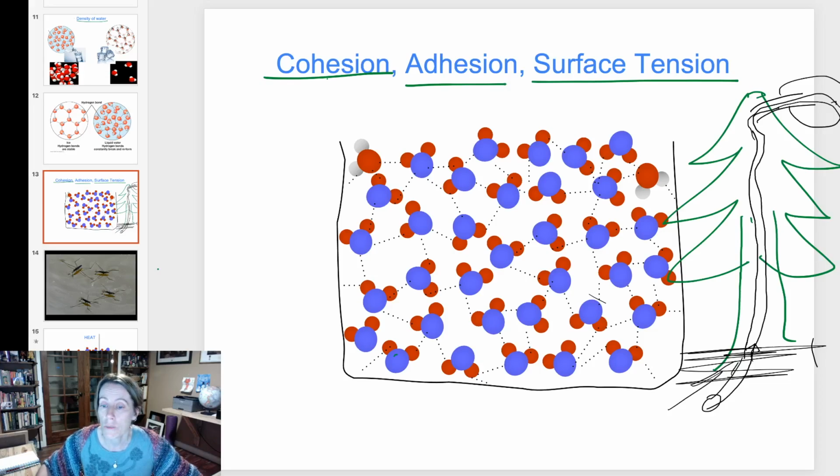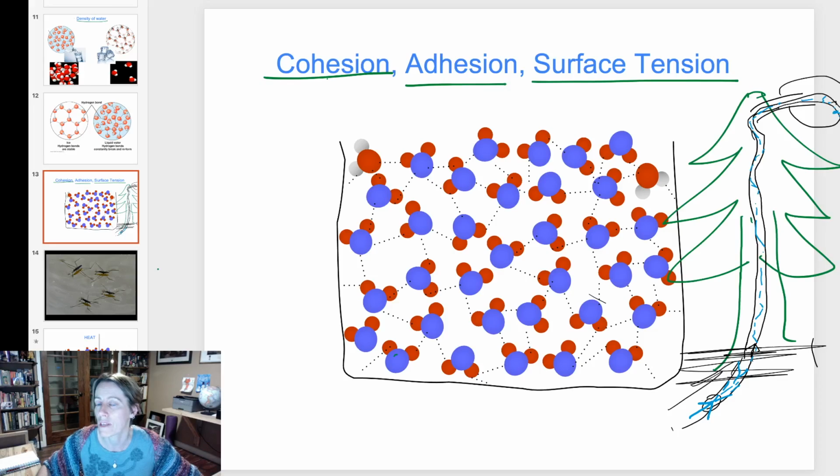Water molecules go in the bottom, and by capillary action, they stick to the inside surfaces of these tubes. There's a giant column of water molecules all the way from here to here.